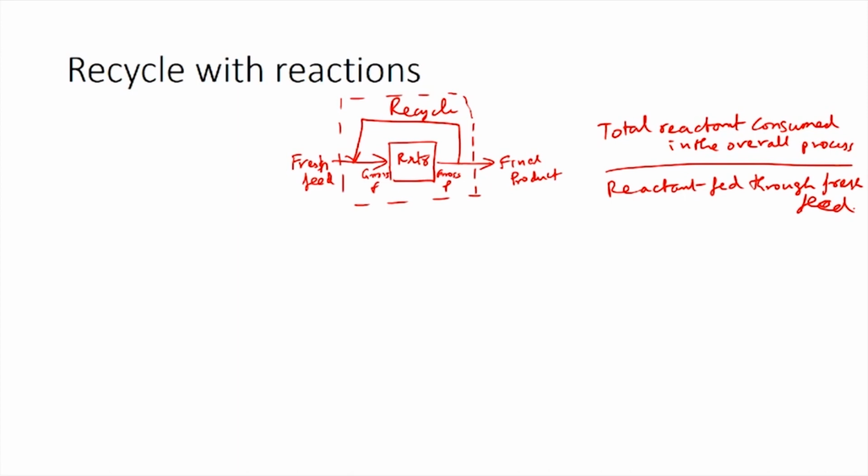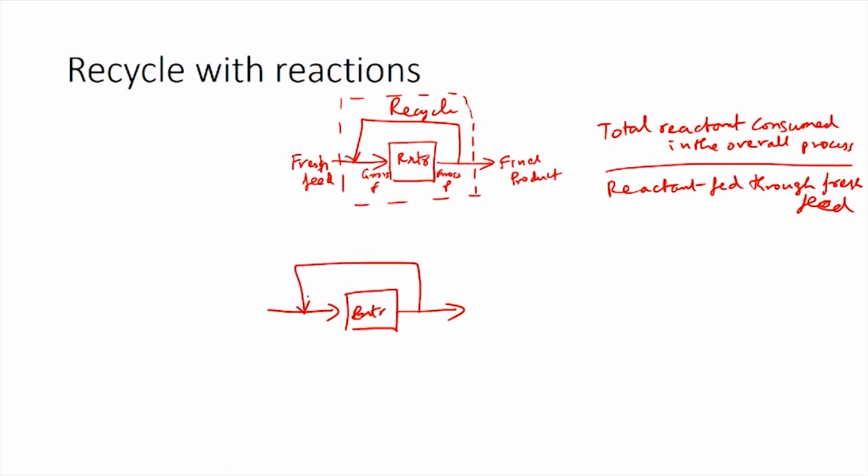The other conversion which we looked at was single pass or once through conversion. Let us again draw the similar process where you have a reactor and a fresh feed and a recycle feed mixing to form the gross feed.